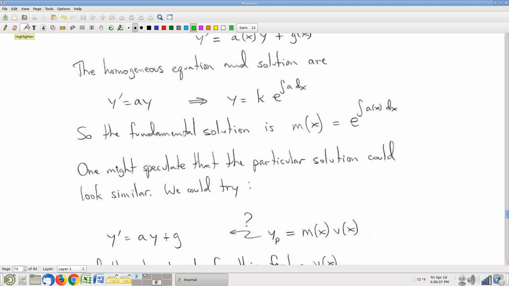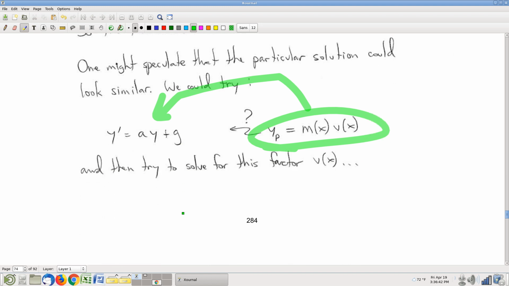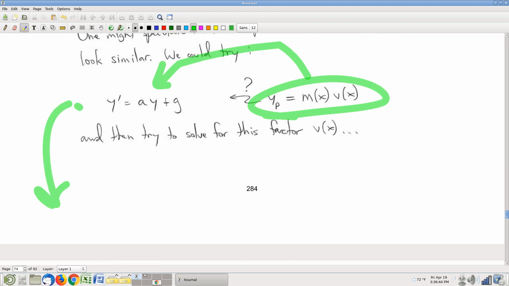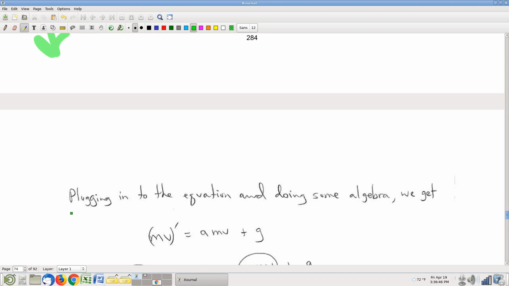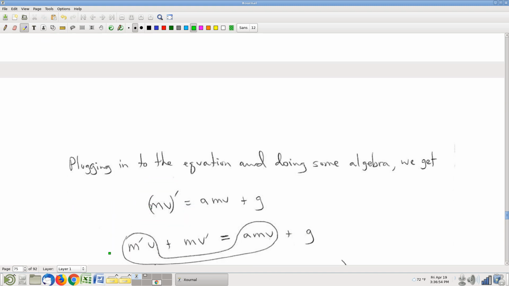Okay, so here we go. We're going to take this thing and shove it into there and see what happens to the equation. The equation turns into this. Notice we've got to take a derivative of a product, so let's use the product rule. The product rule gives us that. No big deal.